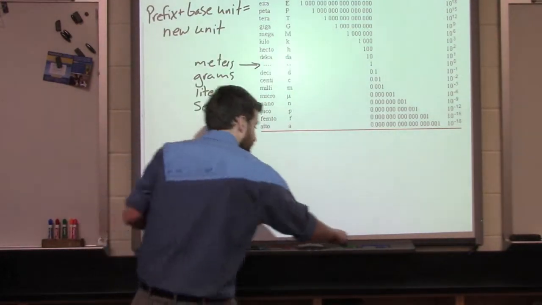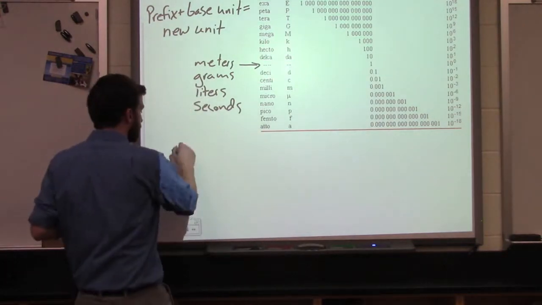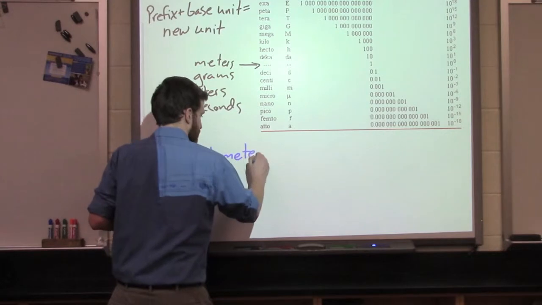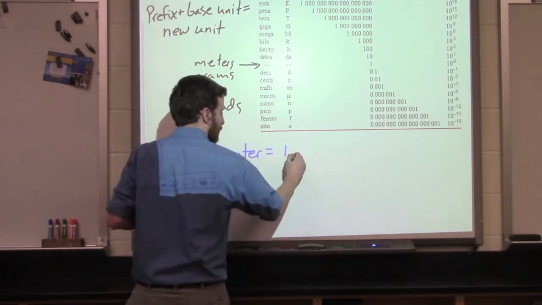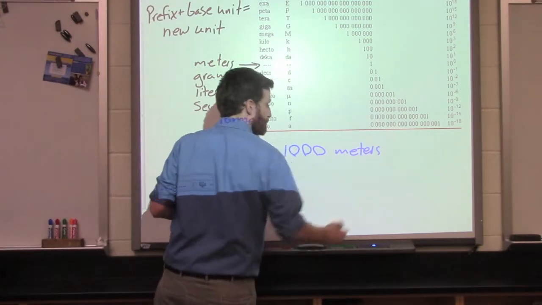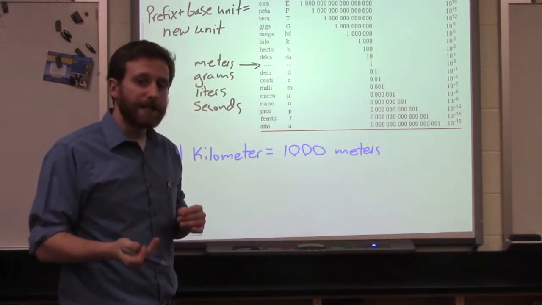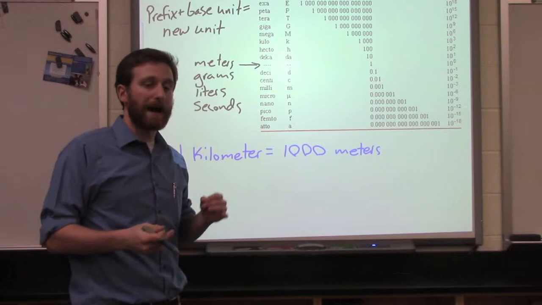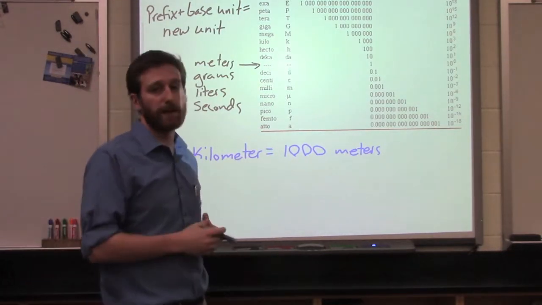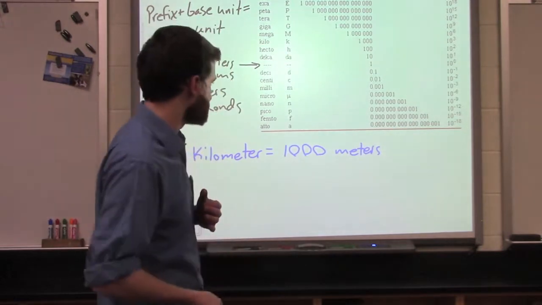So, for example, 1 kilometer equals 1,000 meters. This way of changing units by powers of 10 is extremely systematic and useful when it comes to quantitative science.